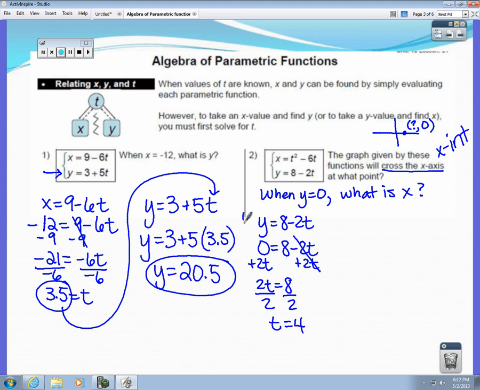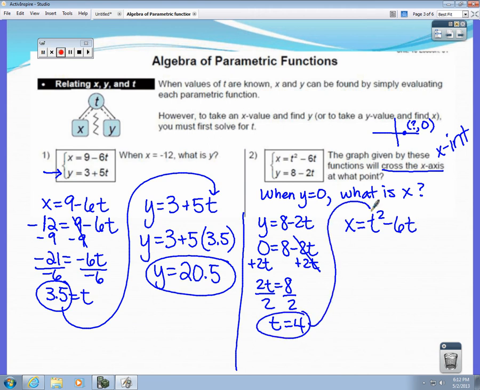That is not your final answer. That's just the first step because I'm trying to find x. So now I've got x equals t squared minus 6t, and I'm going to take this number and plug it in for both t values.